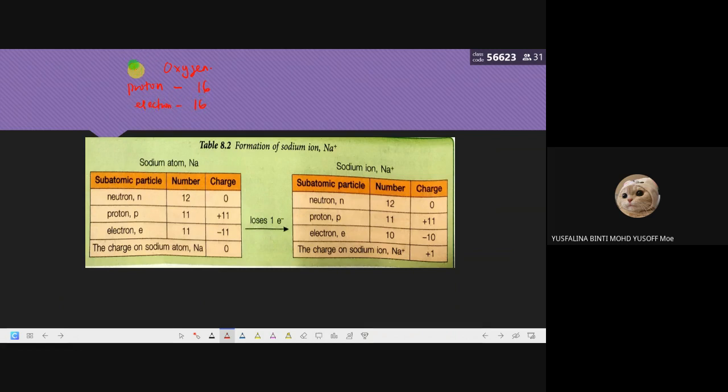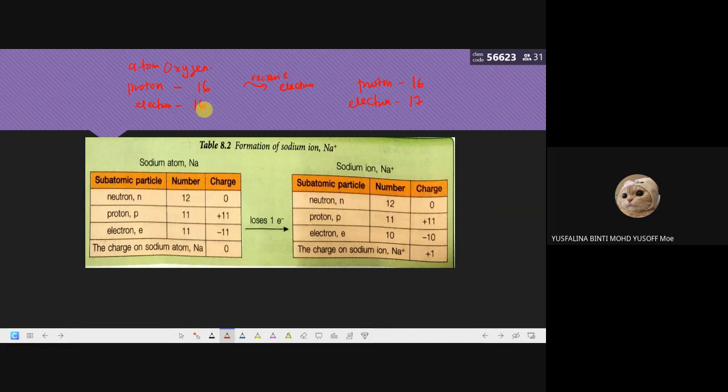This one is for the oxygen atom. Then it receives an electron. So when it receives an electron, what happens to the number of electrons? It becomes 17, while the protons are still 16.